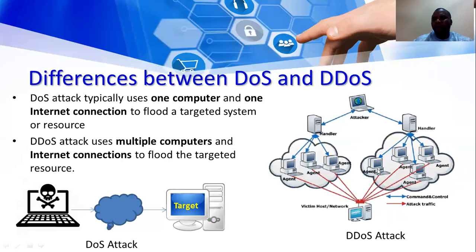The reflectors, on their own, pass what we call attack traffic to the victim host, the targeted machine on the network. Look at the attack traffic coming to the targeted machine. That makes it difficult to easily defend against this DDoS attack.